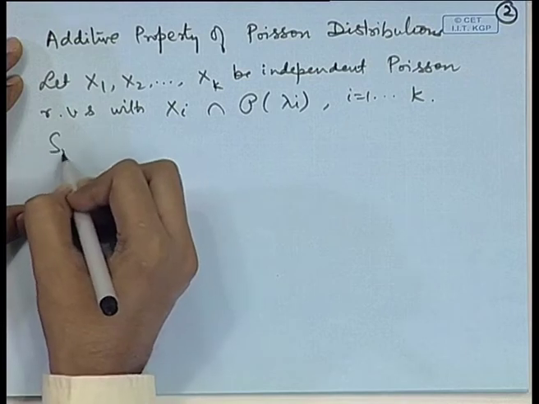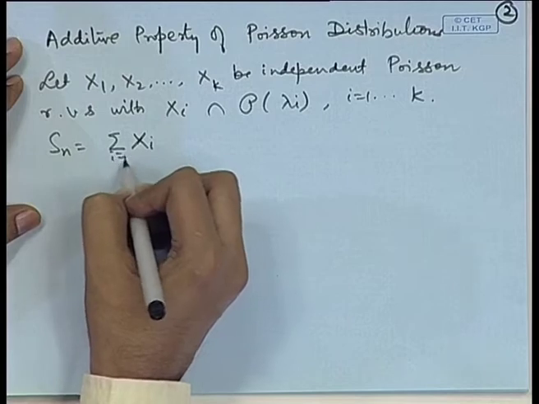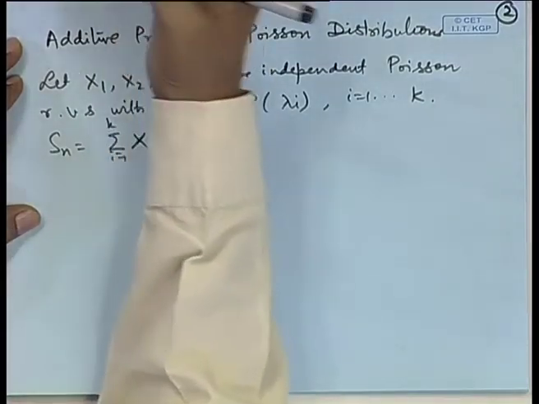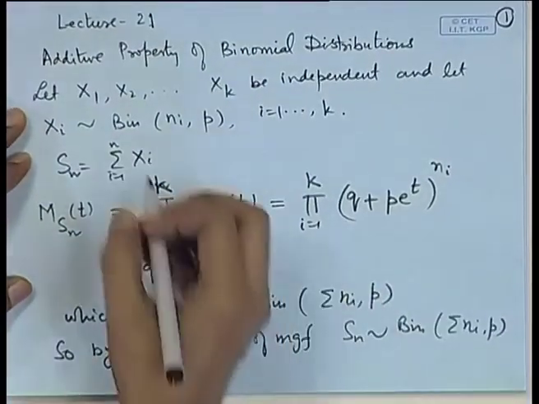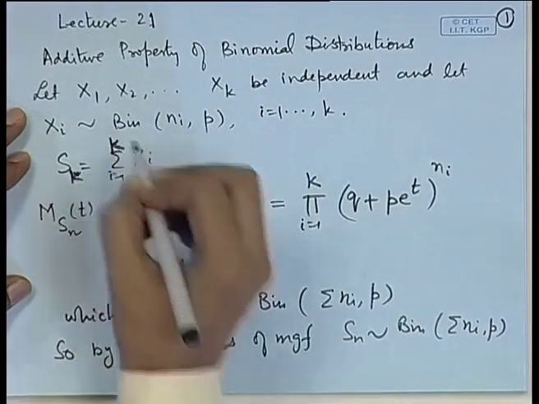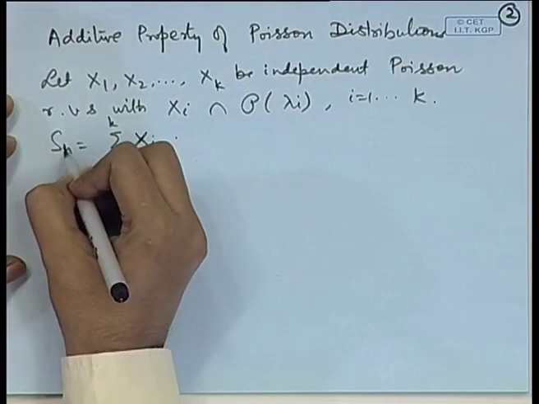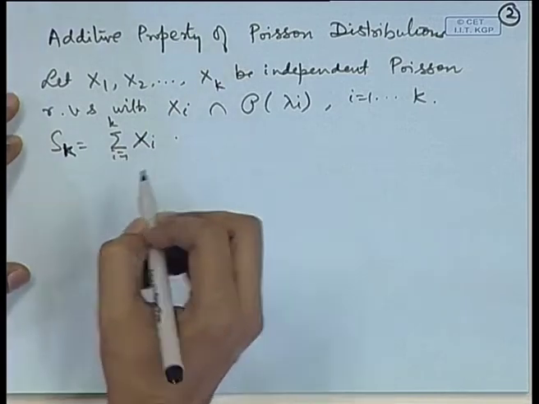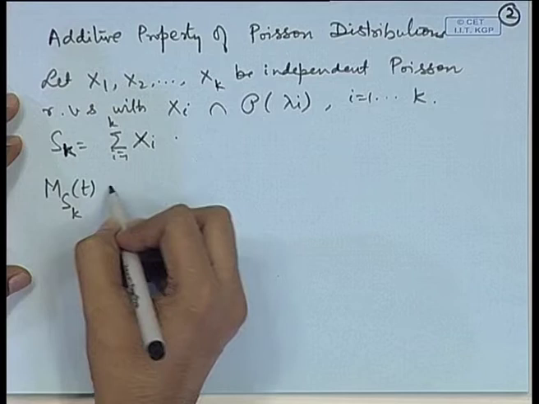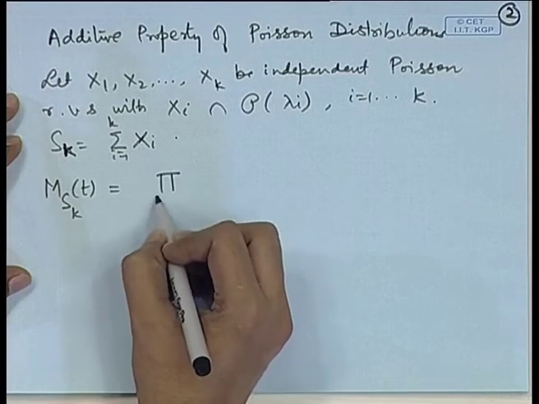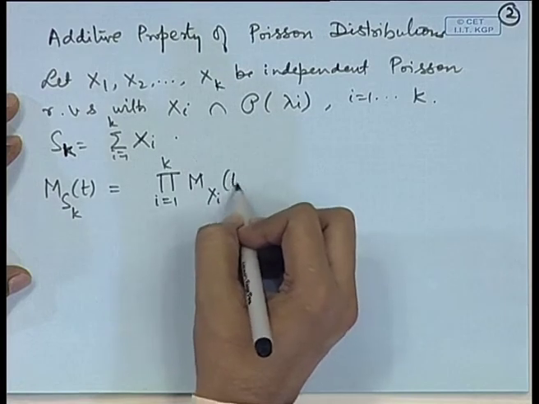Once again we are interested in the distribution of sigma Xi, i equal to 1 to k. I made a mistake earlier, this should be Sk, that is sigma Xi, i equal to 1 to k. So, here also it will be a sum of k variables. By independence, the moment generating function of a sum is equal to the product of the moment generating functions.